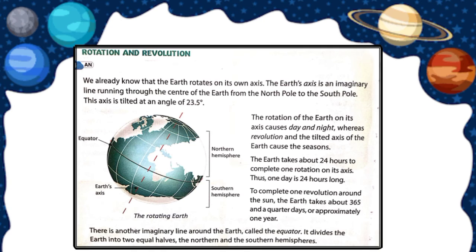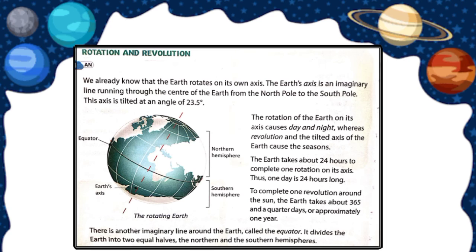Those 6 hours and 9 minutes add up to about an extra day every 4th year, which is designated as a leap year with the extra day added as 29th February.